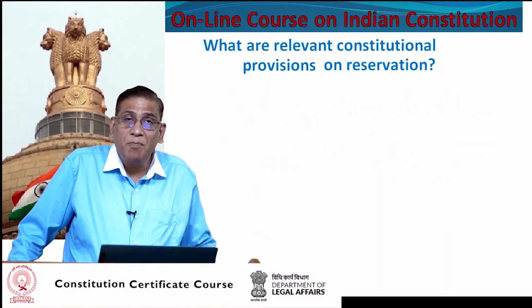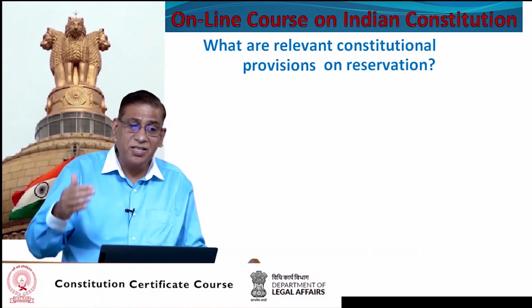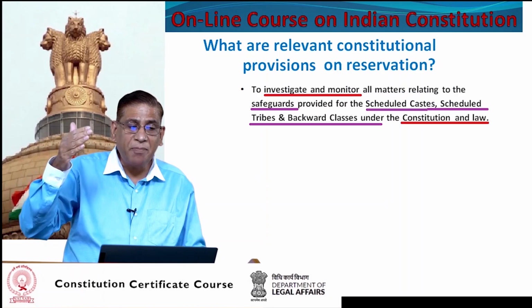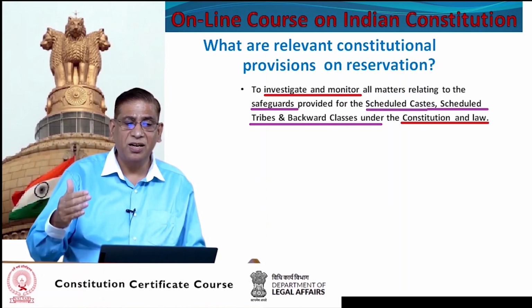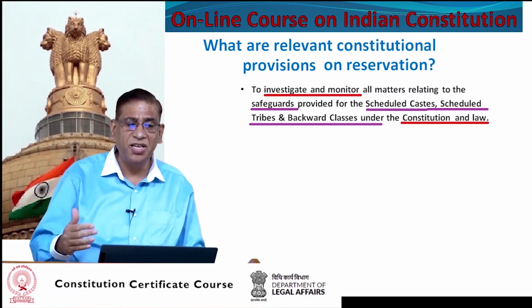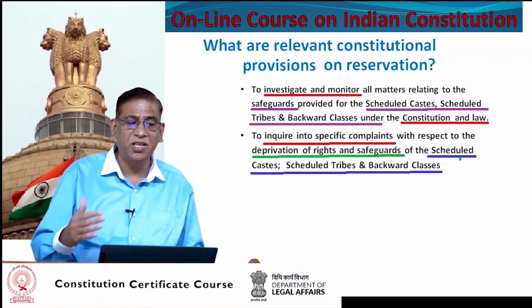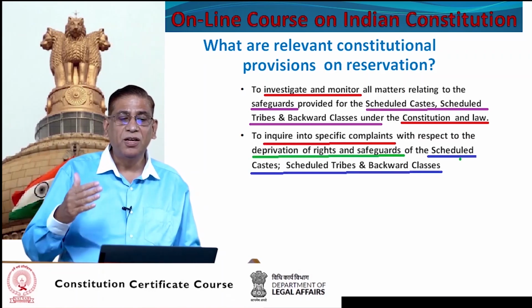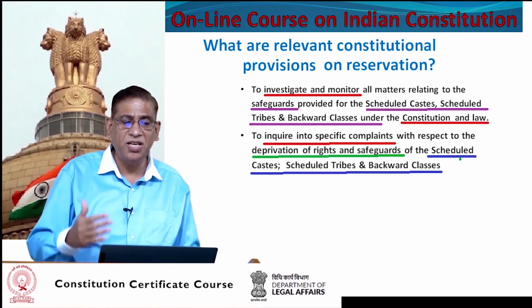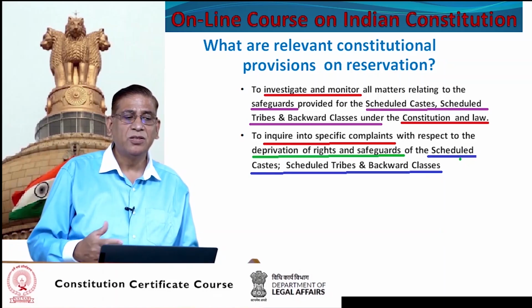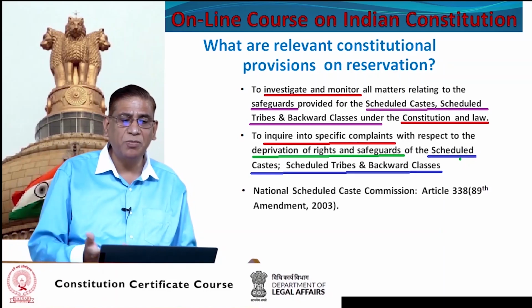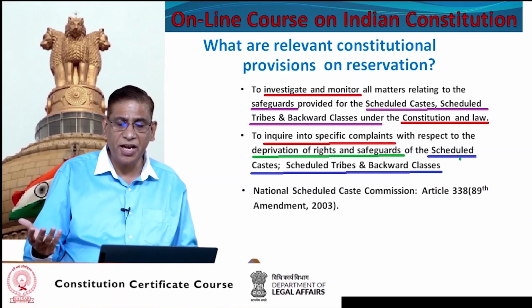Then we have created a number of constitutional bodies to monitor matters and safeguards relating to SCs and STs and BCs, to inquire into specific complaints with respect to deprivation of rights of SCs and STs and backward classes. So we have a National Scheduled Caste Commission, Article 338.